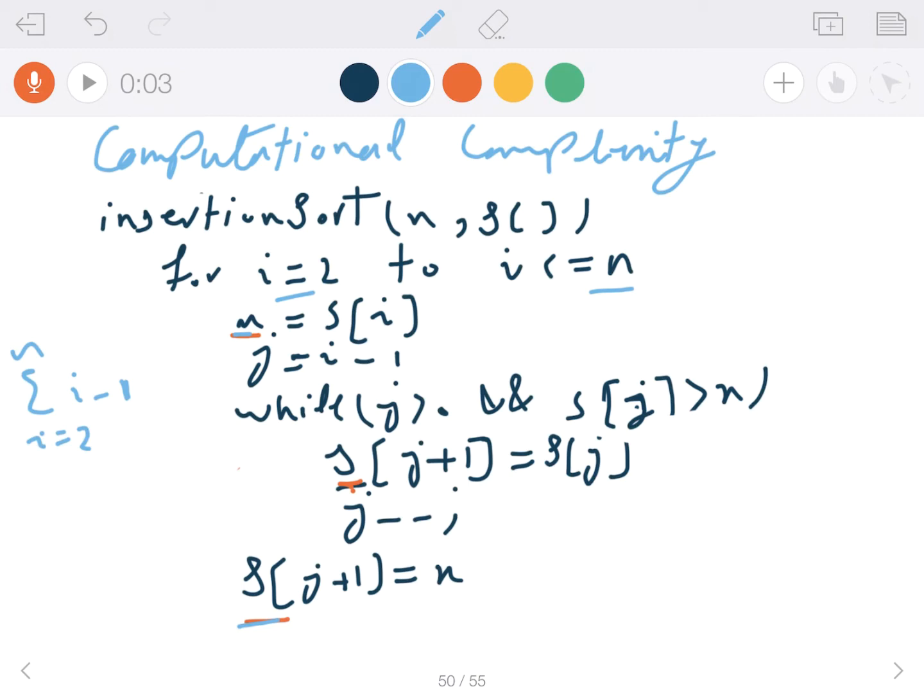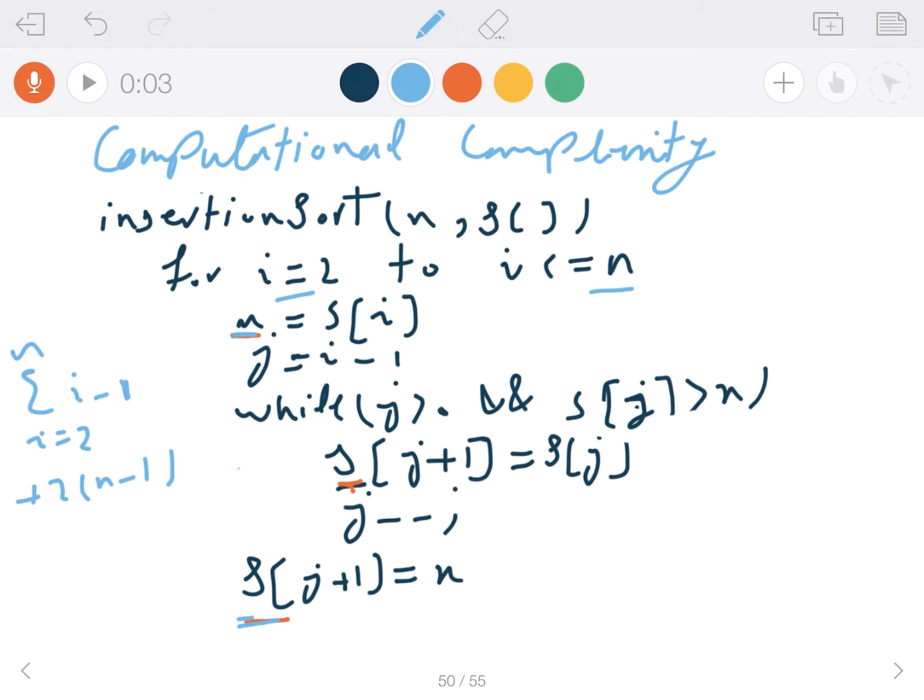So the number of assignments here is going to be this sigma plus 2 for i from 2 to n minus 1, that is the number of assignments for i from 2 up to n, for these two together.